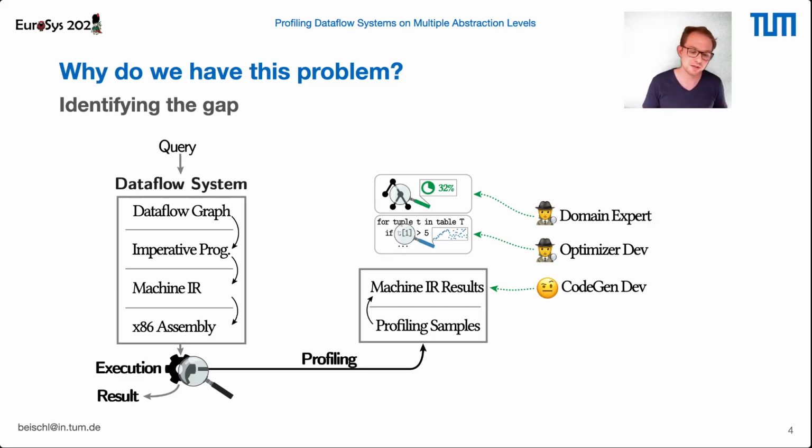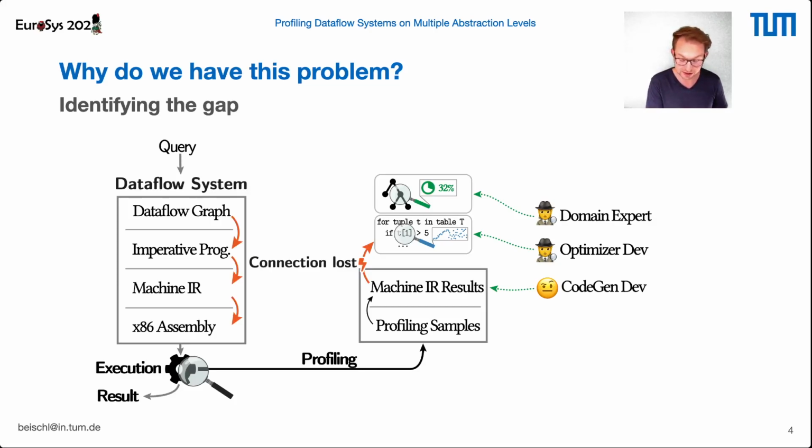In traditional systems, if we don't know to which part a sample belongs, we profile it again using call stack sampling, for example. Then we inspect the recorded call stacks to see to which components our sample actually belongs. However, this is not possible for compiling dataflow systems. The reason therefore is the following.